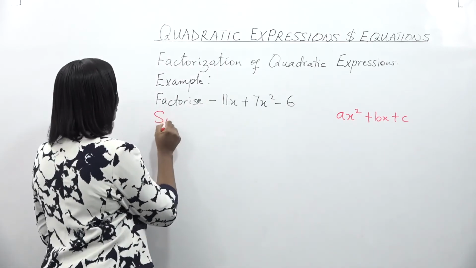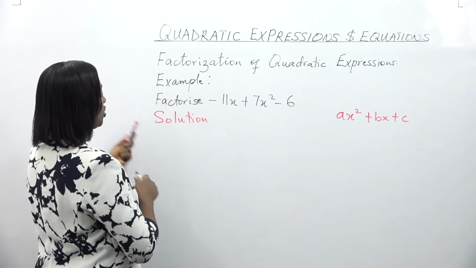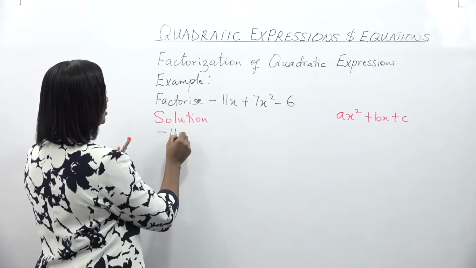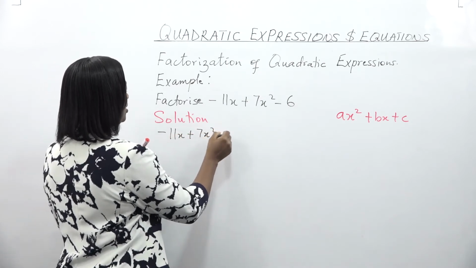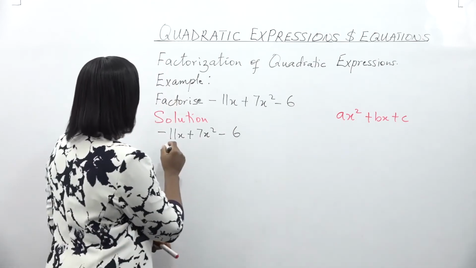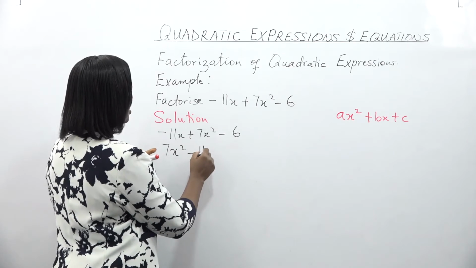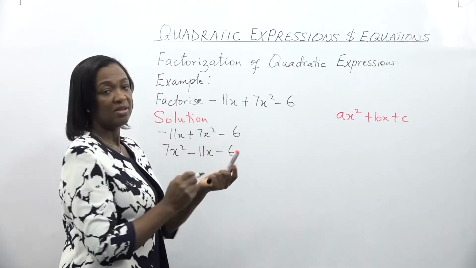So, solution: I write the question again, minus 11x plus 7x squared minus 6. And then I rearrange into that form. So I have 7x squared minus 11x minus 6.